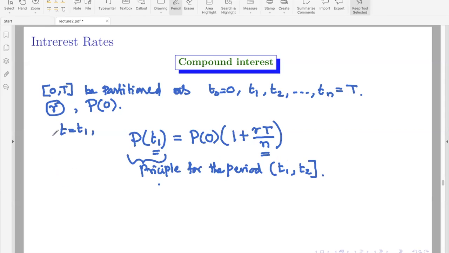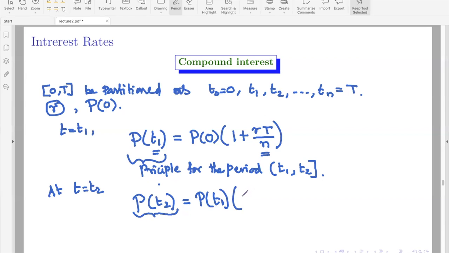And therefore, at t equal to t2, the total amount that you accumulate is now, instead of P0, we have P of t1, that is this amount. For this, we will be paying the interest. Therefore, it will be 1 plus R into T divided by N. That is, keeping this as the principal, you calculate the interest just like how you calculate for simple interest.